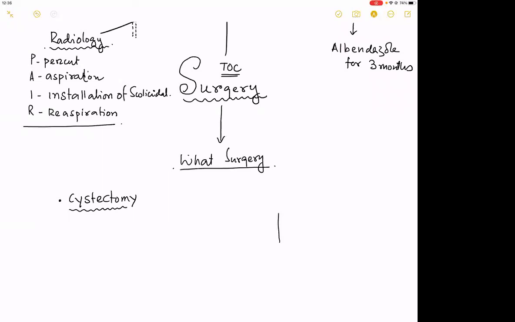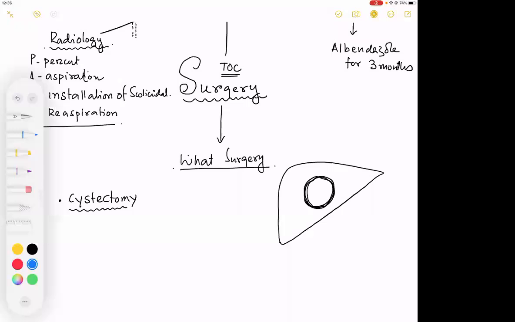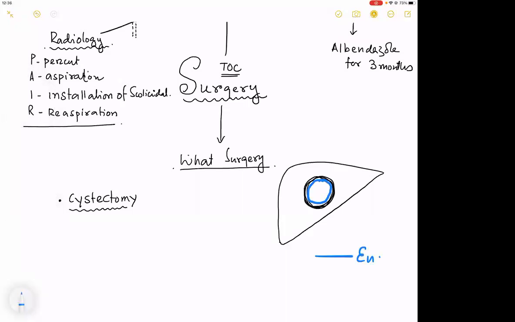Examiner will ask you, what are the layers of a hydatid cyst? I will use 3 colors to make you understand, so that in theory also, if you are given this question, the layer in blue represents the endocyst, which is equal to the laminated membrane, and all the daughter cysts, brood capsules, etc. are known to come from the endocyst.